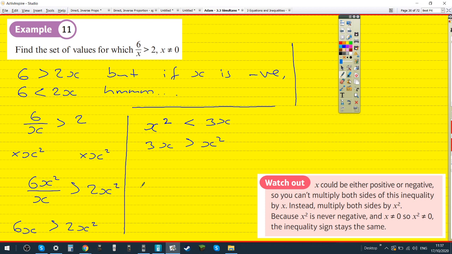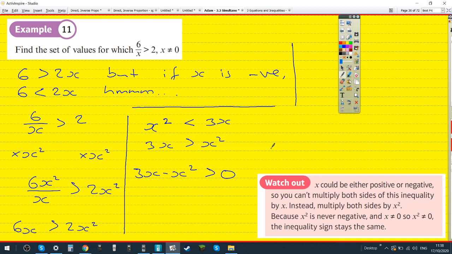Do we have to get rid of the squared? I would make 0 the subject. Okay. So we just minus x squared from both sides, which would be 3x minus x squared is greater than 0. That'll work. And then you put that into the calculator.